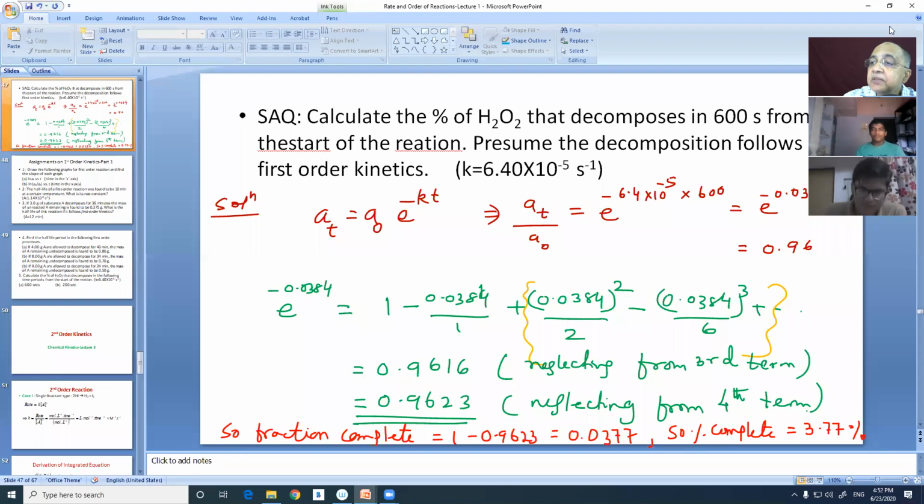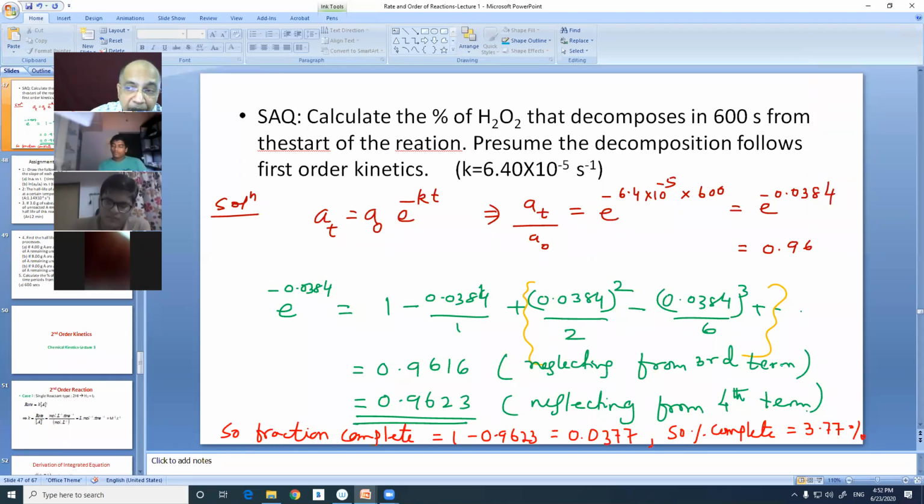That gave me e to the power minus 0.0384. k is 6.4 into 10 to the minus 5 and t is 600 seconds. And immediately the answer came, 0.96.